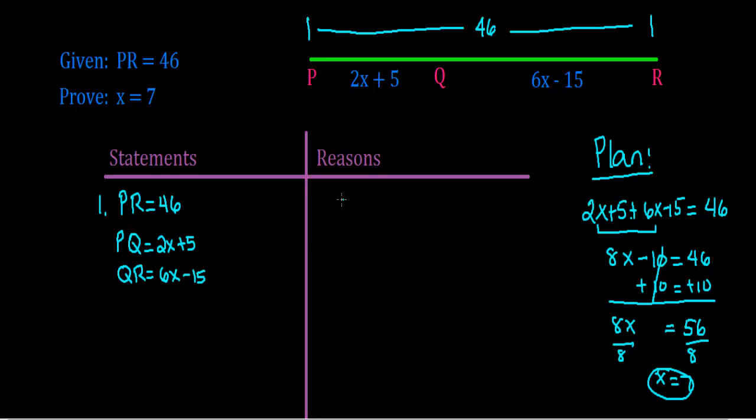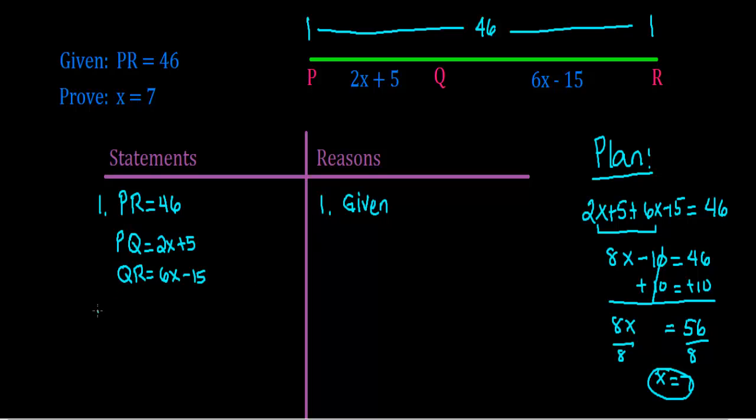Remember, this is like being in a court trial where every little thing you present, you have to provide evidence for, okay? So all these 3 statements here that I've written as number 1, I'm going to say they are given information.